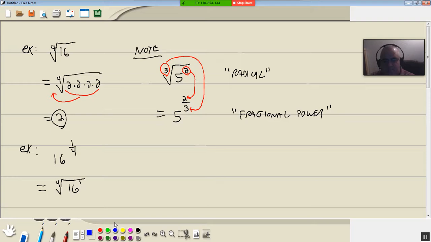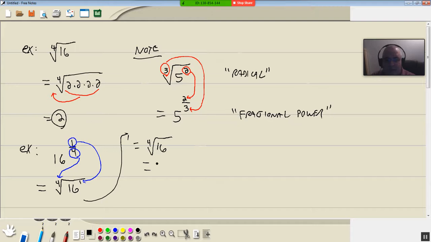Go in the other direction. Whatever number's in your denominator right here in your power, that's what number goes in the slot here. That's your index. And then whatever number's up on top is what goes right here. So then this gives us the 4th root of 16, which we already saw back in this example is equal to 2. So we put it into radical form so we can simplify it.